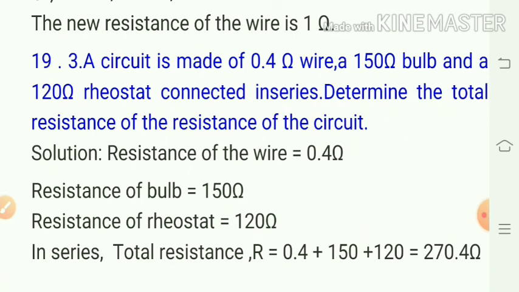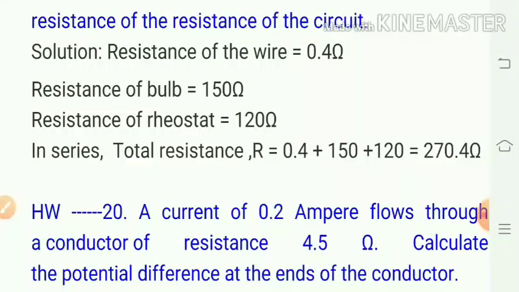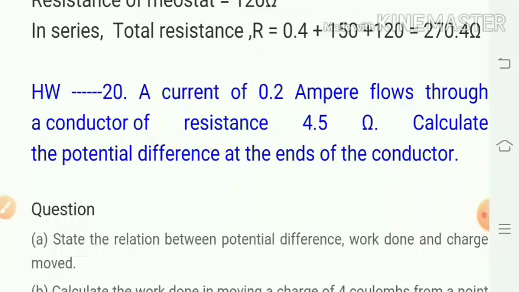According to the given values, resistance R is 0.4 ohm, resistance of the bulb is 150 ohm, resistance of the rheostat is 120 ohm. In series, total resistance will be R is equal to 0.4 plus 150 plus 120, that becomes equal to 270.4 ohm.